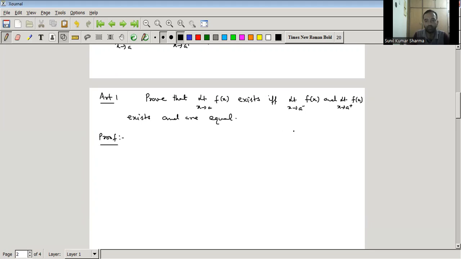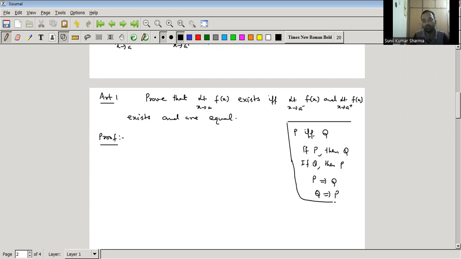So P if and only if Q. If this is my statement, the meaning of this is: if P then Q, this is one condition, and if Q then P. So first we have to prove that P implies Q, and second we have to prove that Q implies P. So this is the meaning of P if and only if Q. So what is P here?